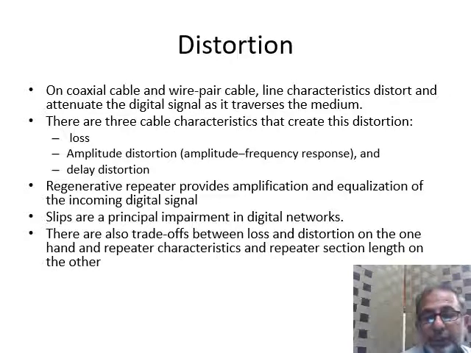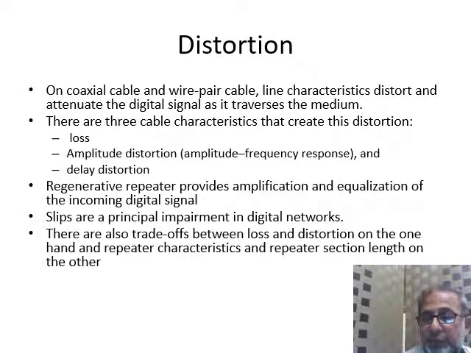Now let's see what distortion is. On coaxial cable and wire pair cable, line characteristics distort and attenuate the digital signal as it traverses the medium. There are three cable characteristics that create this distortion: loss, amplitude distortion, and delay distortion.